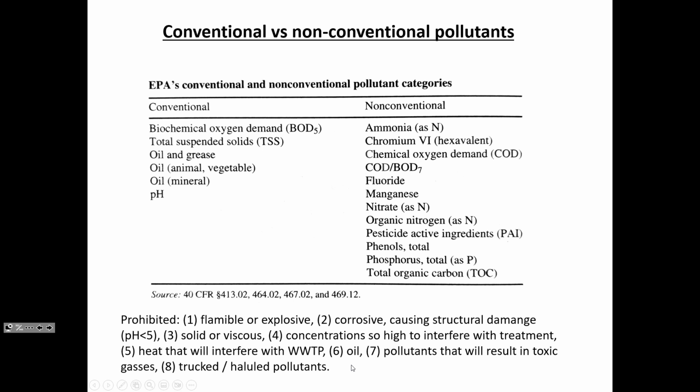You've maybe seen them, they call them honey trucks. It's prohibited to discharge wastes from those trucked or hauled pollutant sources into the collection network. They have to be taken straight to the treatment plant and accepted on a pretty closely monitored basis rather than put into the distribution network.